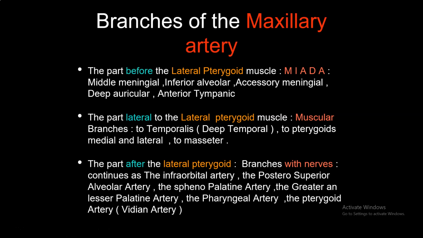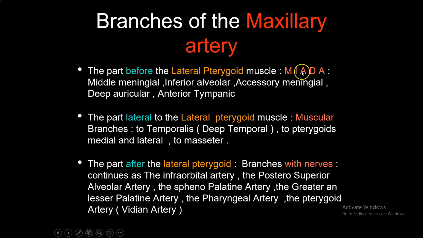And we talk about the branches. It's very easy to remember. You don't have to remember them by heart. It's very logical. When you see the logic, you can remember them very easily. The part before the lateral pterygoid muscle, the branches are Mayada.